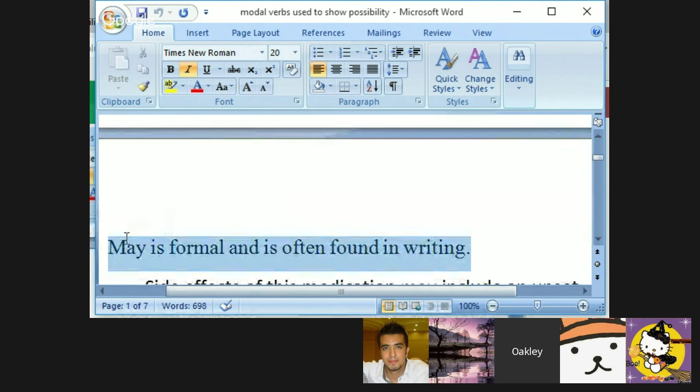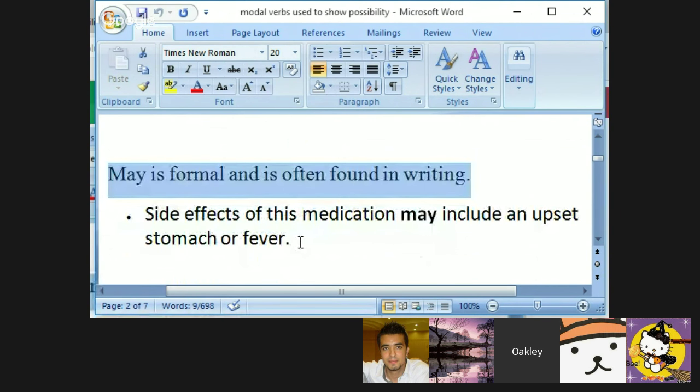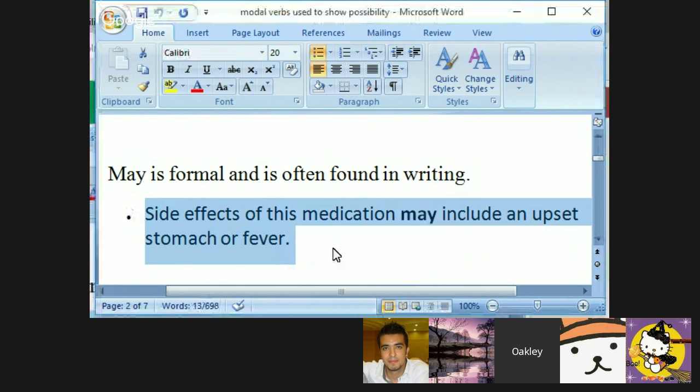May is a little bit more formal and is often found in writing. Definitely, if you do any business writing, if you're writing for the HR department, for an employee handbook: Employees may take a 5-minute break at 10 a.m. Or here's a great example: side effects of this medication may include an upset stomach, fever, or death.